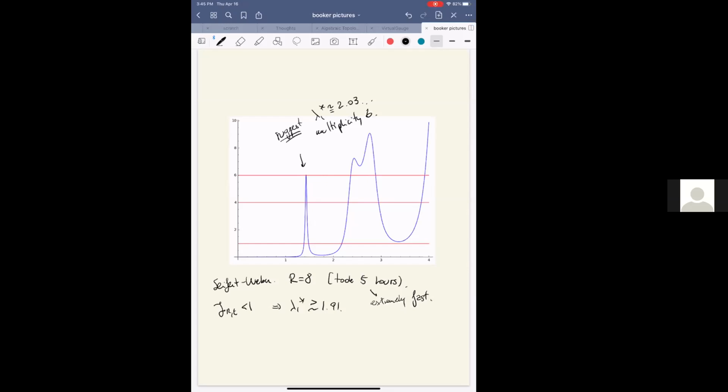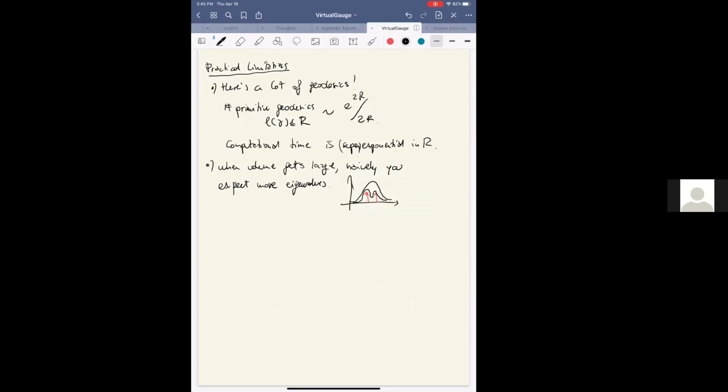I think the idea is to somehow show that the eigenspace has big multiplicity, and that is our goal now.